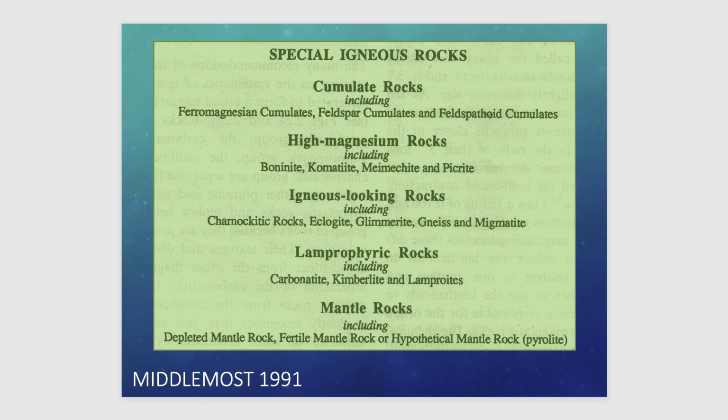They tend to be ultrapotassic rocks, and they have this ultramafic characteristic of, for example, having elevated contents in magnesium and being melanocratic rocks that are dominated by either olivine or pyroxene, but they have unusual mineralogy as well.